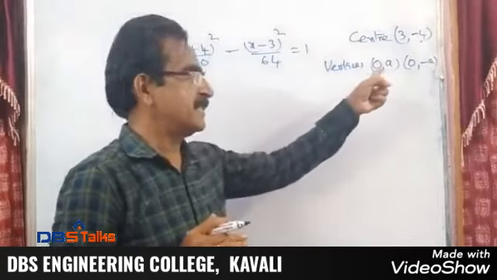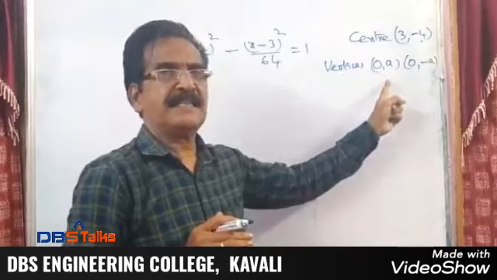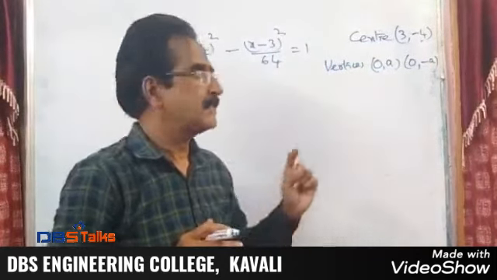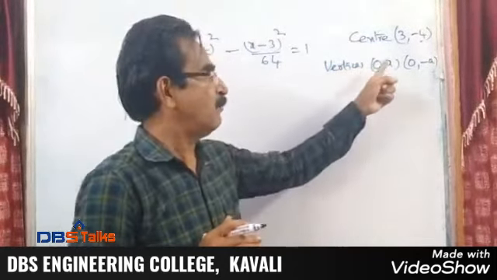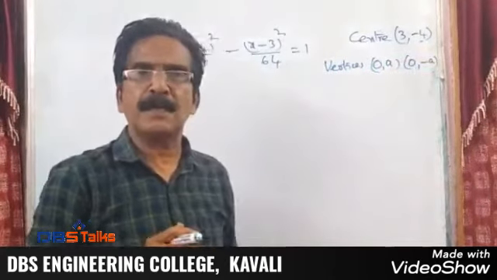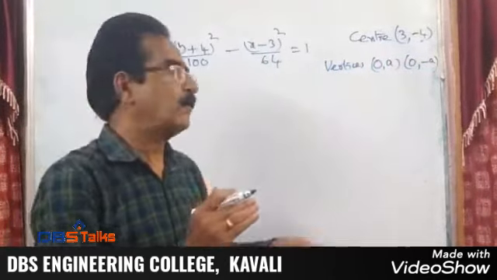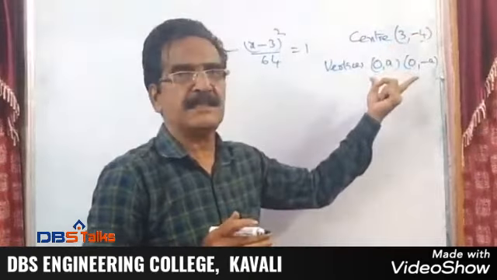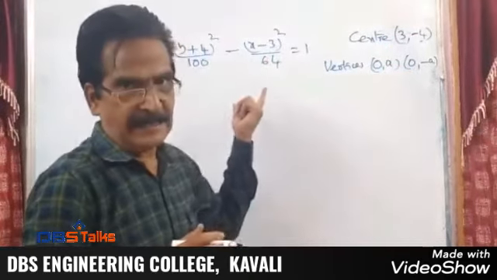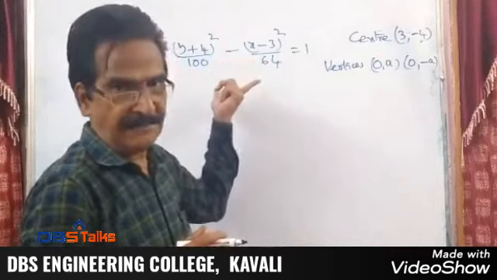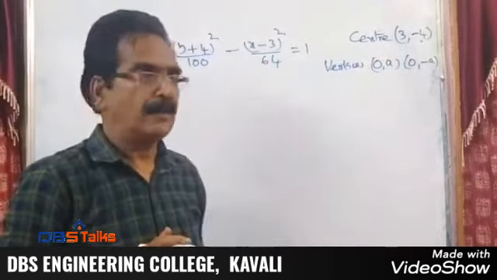Now this is for center 0, 0. But now what is the center? 3 comma minus 4. So we have to add these coordinates to get the vertices of the given hyperbola.